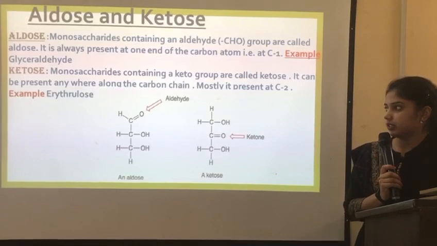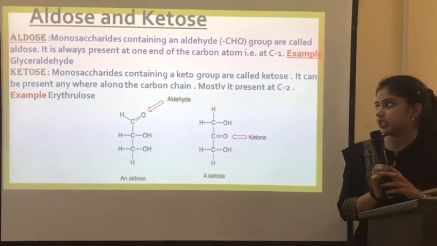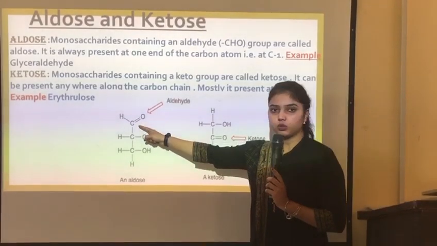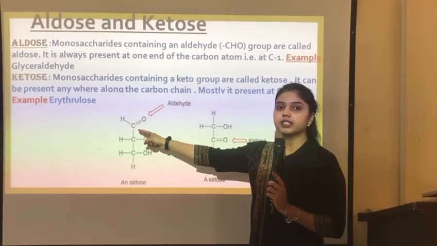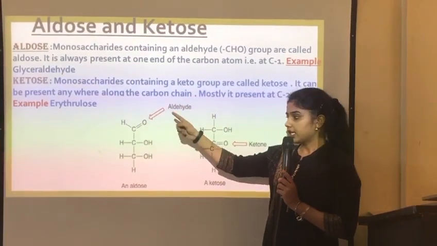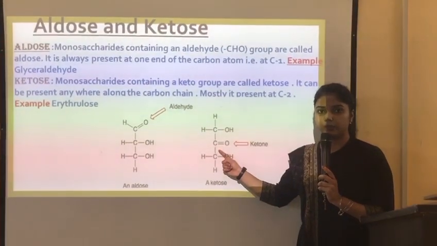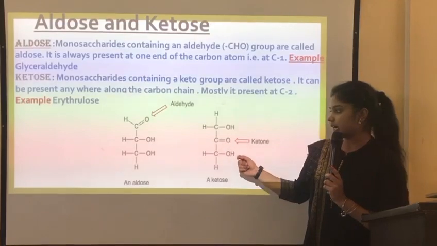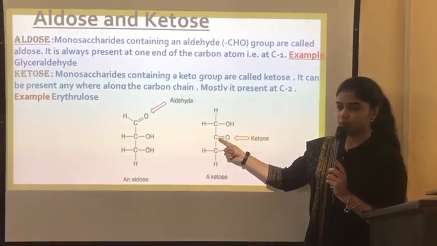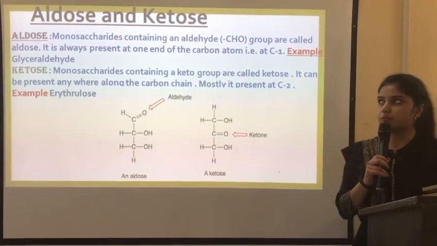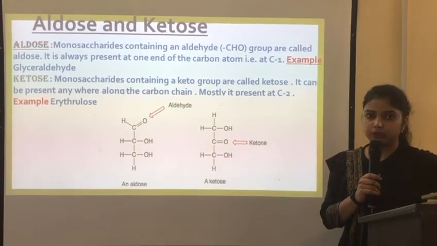In this slide, the example shows an aldehyde group present at the carbon 1 position, means at the terminal position. In the second example, there is a ketone group present at carbon 2. This is called a ketose. This is all about aldose and ketose.